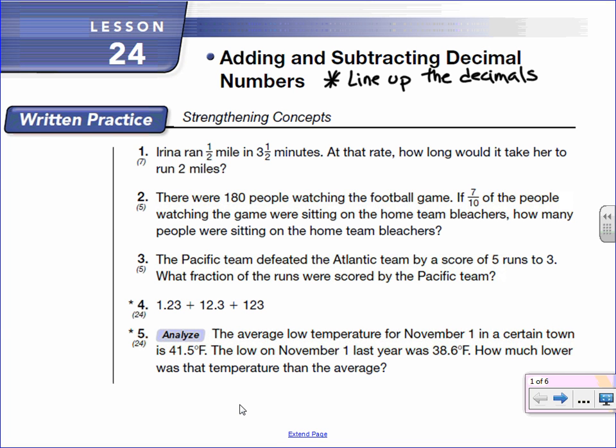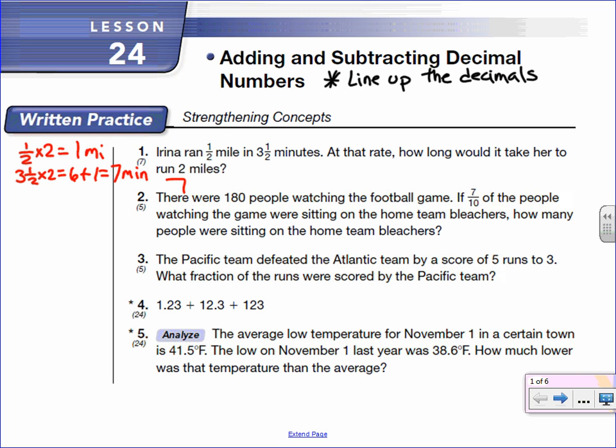In number 1, it says Irina ran 1/2 mile in 3.5 minutes. So to run a full mile, we multiply that by 2, which means if we take 3.5 minutes and multiply it by 2, then we'd have 6 plus 1/2 times 2 is 1, so 7 minutes.